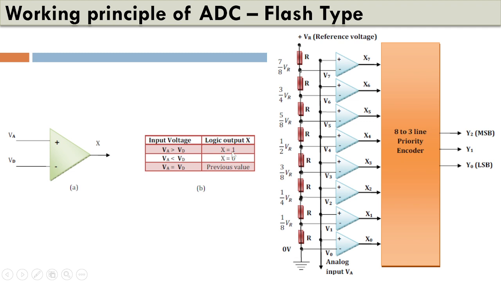So I will expect a 1 at the output of the comparator. If VA is less than VD, then the output will be 0, and if both the potentials are the same, it will hold the previous value.